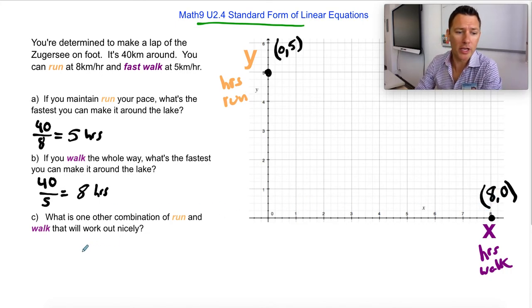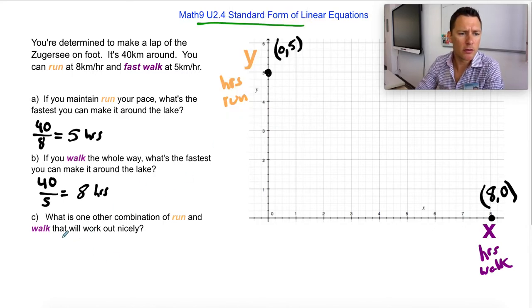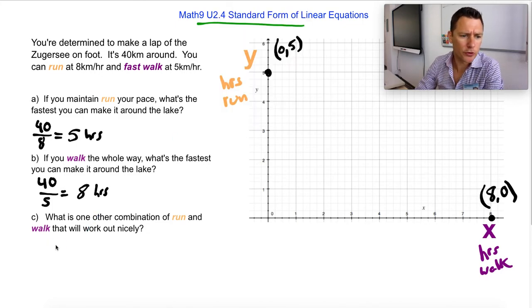So one combination that works is if you run, let's see, I guess we're yellow. If you're running for 2.5 hours at 8 kilometers an hour, that should get you 20K. This will get you halfway around.